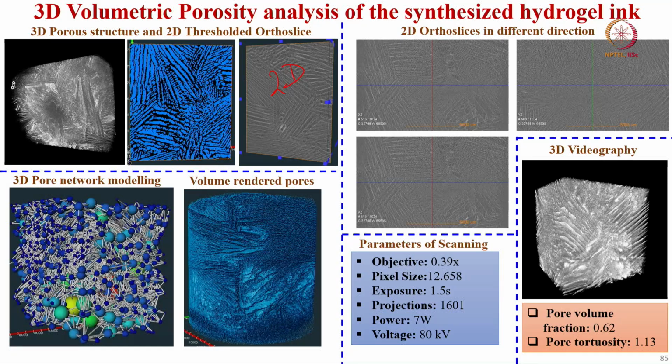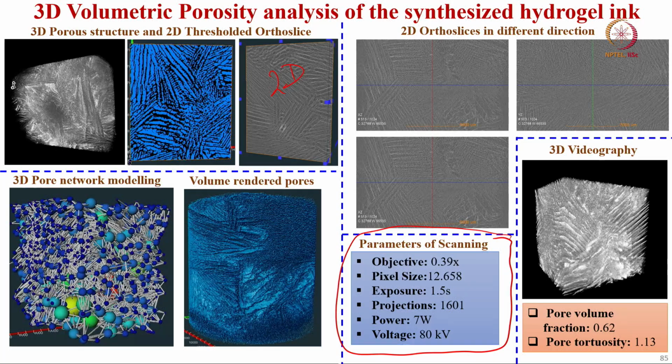Essentially that allows, in the Avizo computational software platform, to see how the pores are distributed in 3-dimensional space. And these are the set of combination of parameters which are used for the micro-CT scanning, like the objective, pixel size, exposure, power, as well as the voltage, as I said 80 kilovolt here.